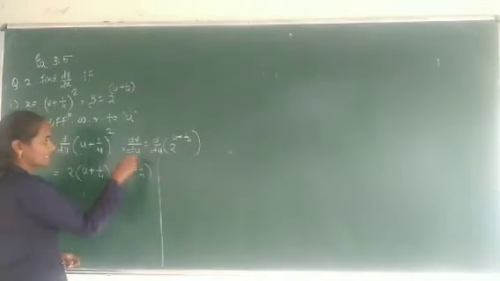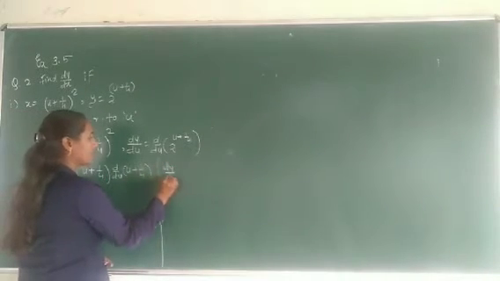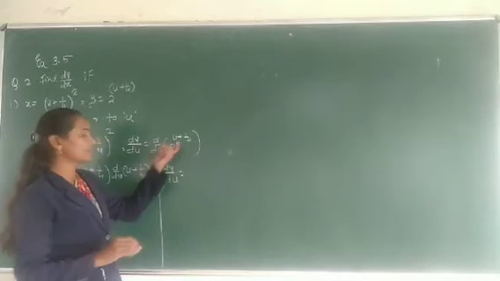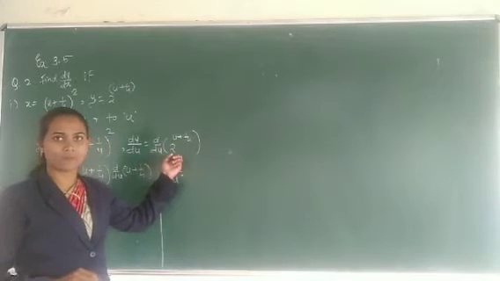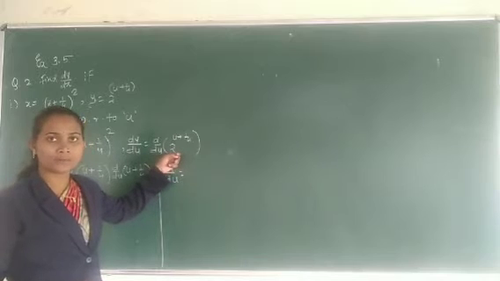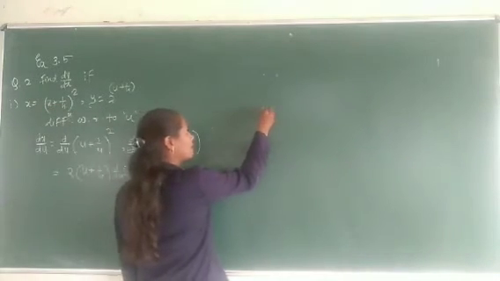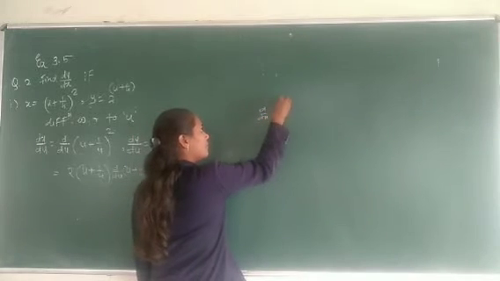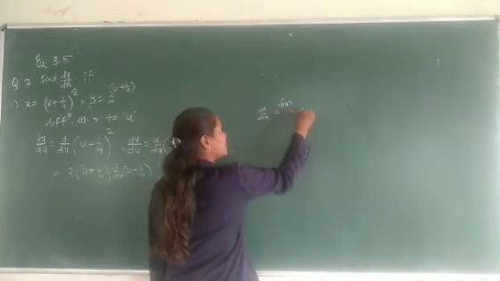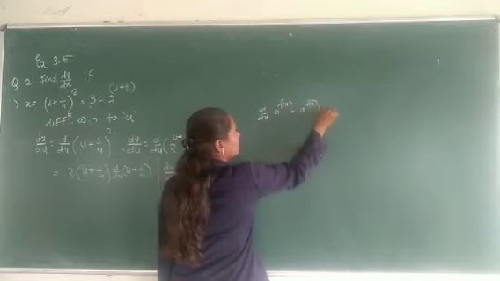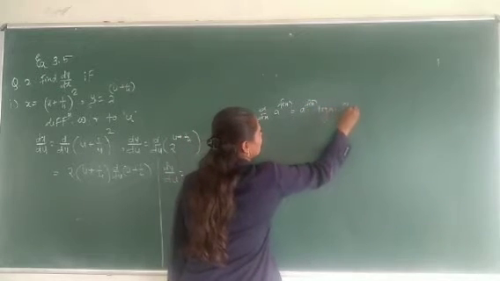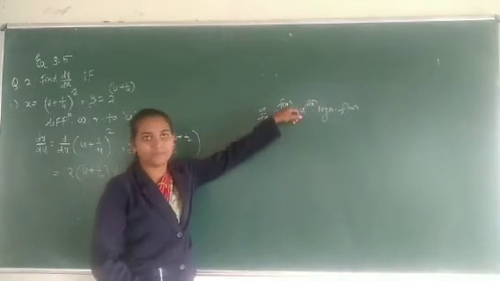Now this term dy/du: treat this function as a raised to f(x). What is the derivative of a raised to f(x)? We know that the derivative of a raised to f(x) is a raised to f(x) into log a into the derivative of the function.